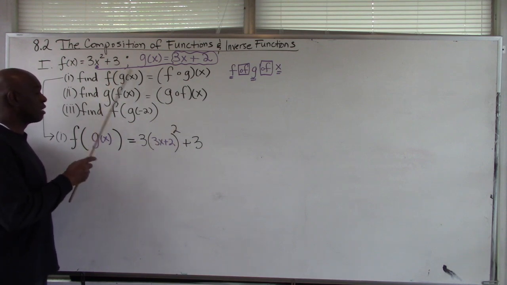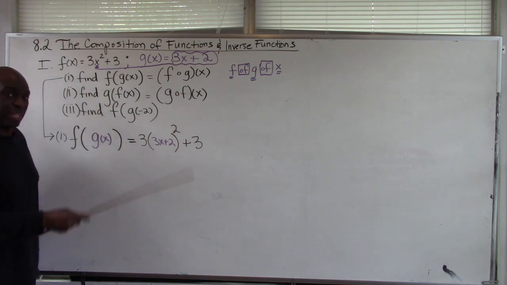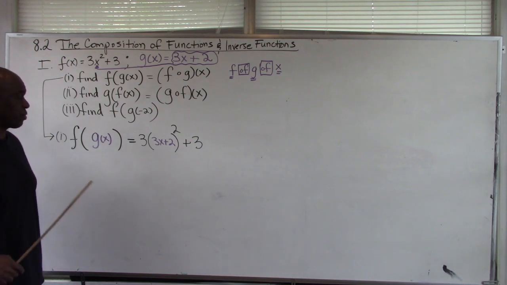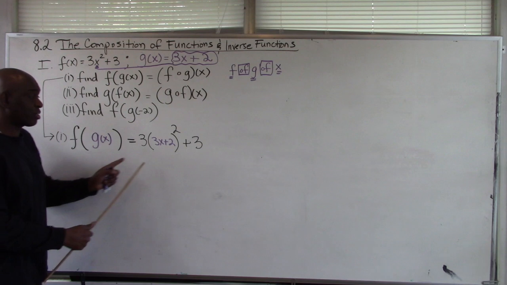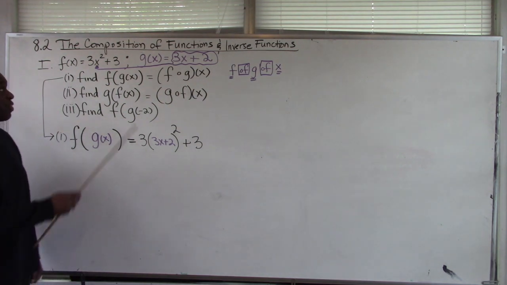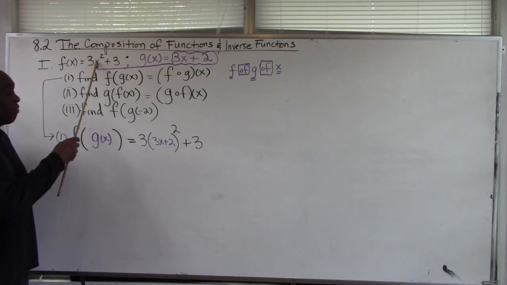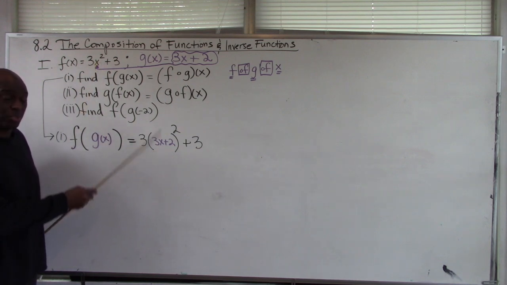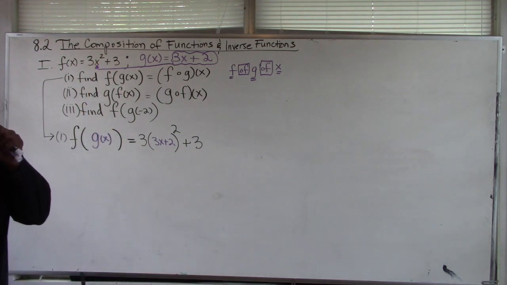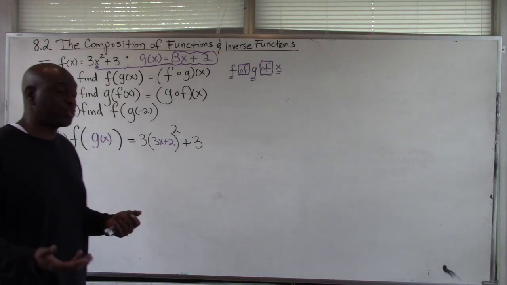The 3, there it is. That's how you do composition of functions, folks. I put all of g inside of f, and it looks like that now. So this x that was in f is on vacation, and the substitute teacher now is 3x plus 2.